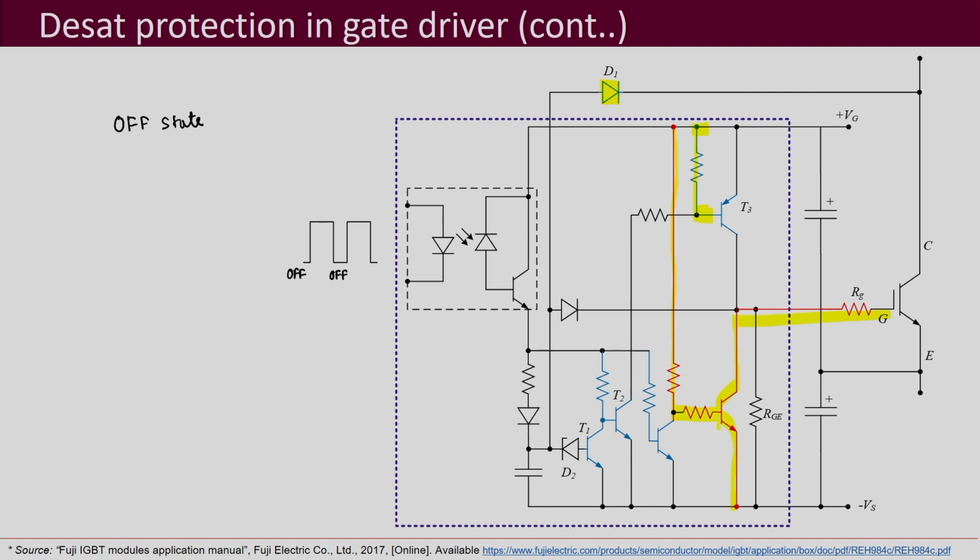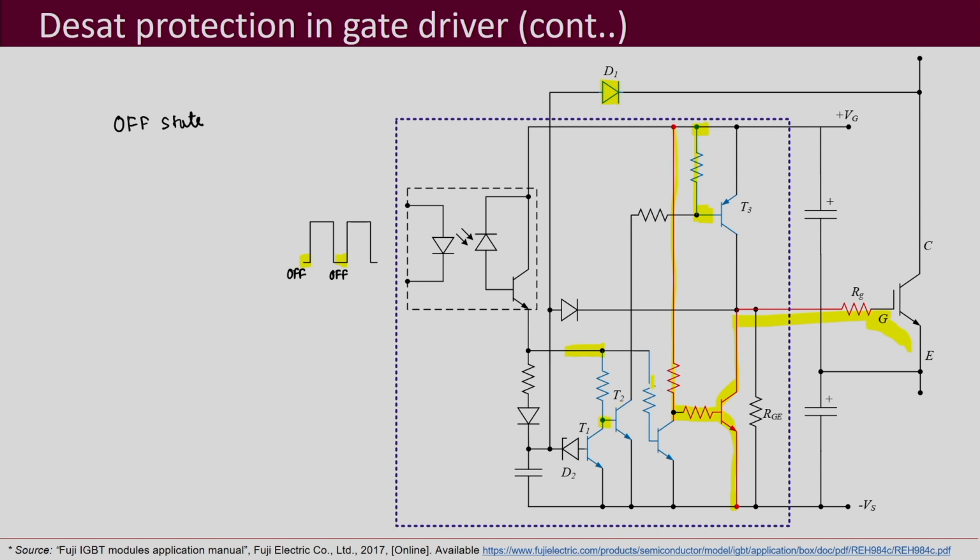So this conducts, and that is how your gate emitter region can be discharged through this lower transistor. And what is the status of these other 3 transistors? We can see here. This point is low, so this is a low point.